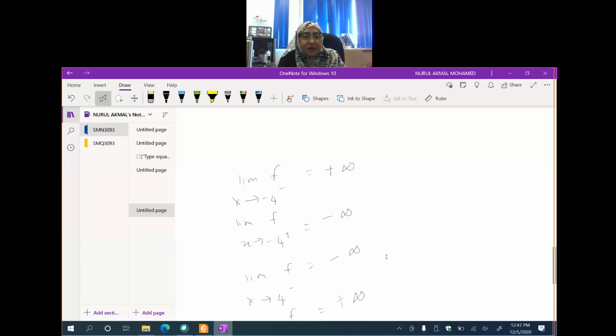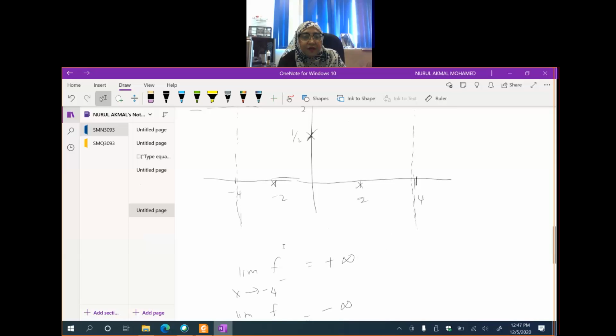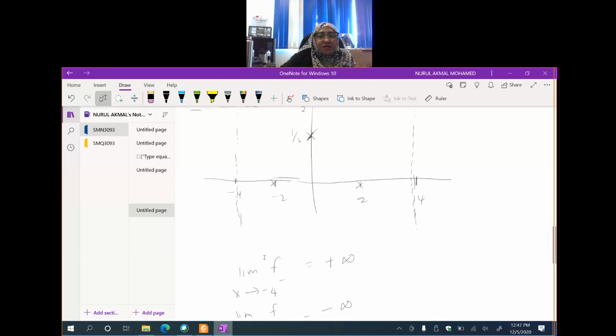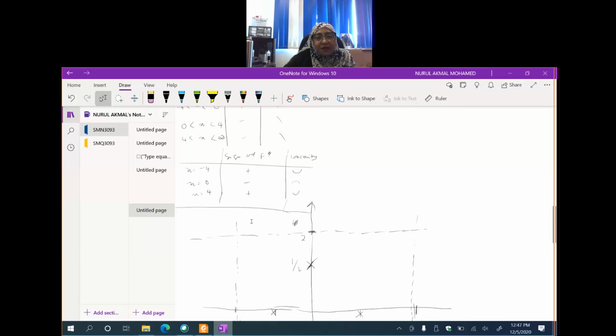So we got all these four sets. Okay? So, limit of f as x tends to negative 4 from the left is coming from here. It will go to plus infinity.